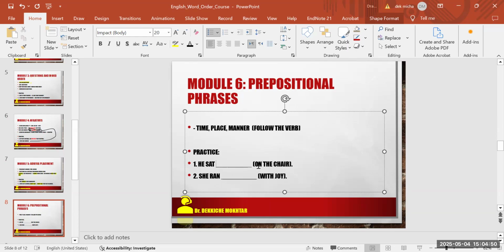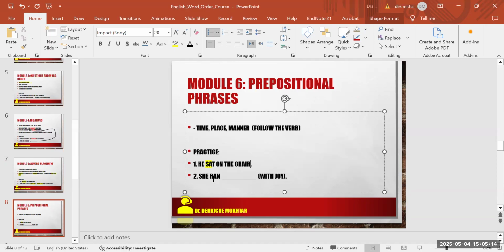He sat on the chair. He sat, which is a verb here. So on the chair is a prepositional phrase, just after the verb.